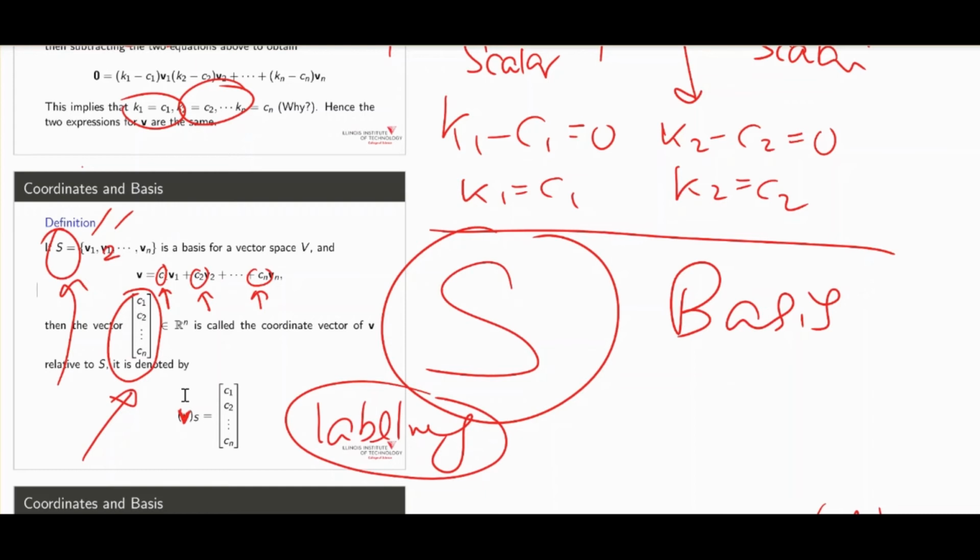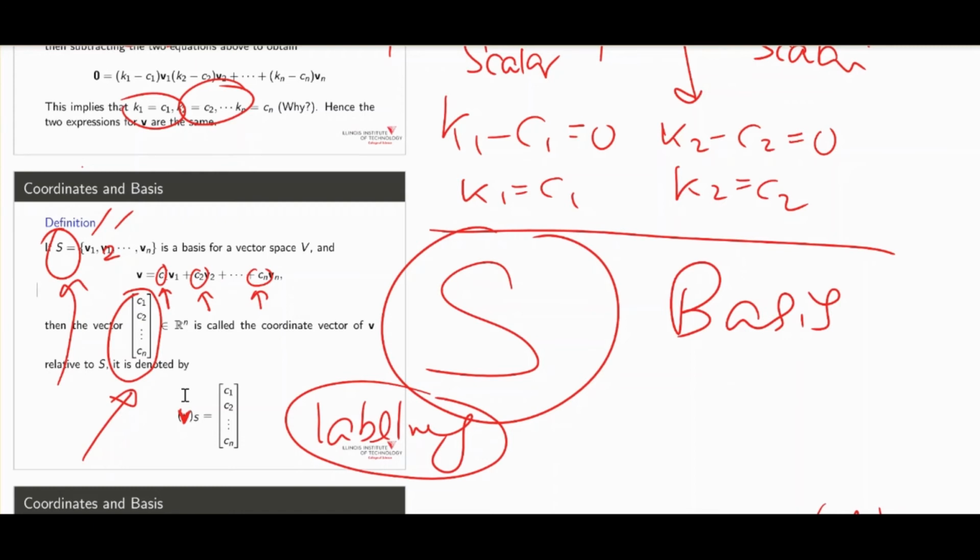We want to make sure every object is reachable by the vectors in that basis. We want to make sure every merchandise is labeled. You don't want to pick a very expensive wine, go to the counter, and they say, sorry, we don't have information on this wine, because that merchandise has not been labeled. You don't want that. Another thing you want in terms of labeling is you want it to be unique.